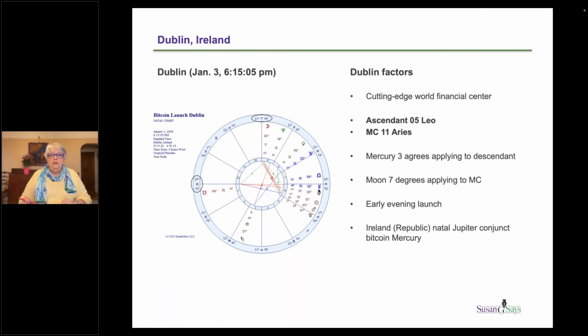The ascendant here is 05 Leo with the MC at 11 Aries. Also, the moon is applying to the MC by 7 degrees. Same deal, early evening launch. And the Republic of Ireland's natal Jupiter is conjunct Bitcoin's Mercury. So I thought that was interesting.